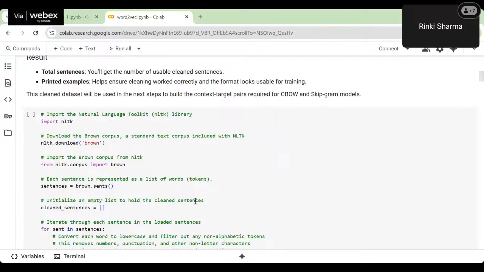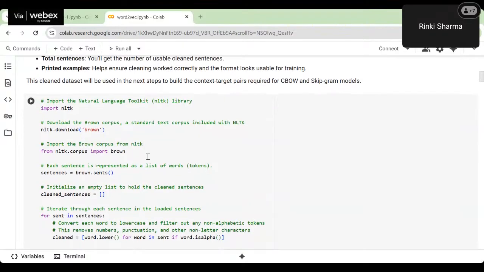We will start by importing all the necessary libraries. The first one is the Natural Language Toolkit, which is definitely a required library for every NLP task. From the library, we import the dataset, the Brown corpus that we are using.